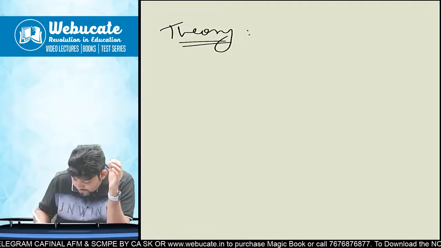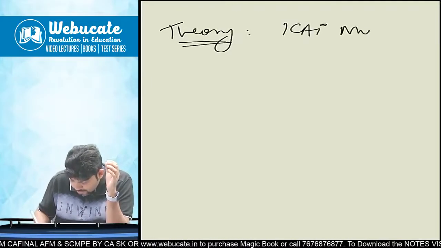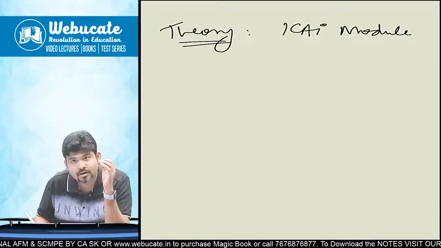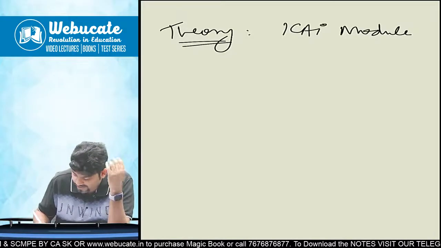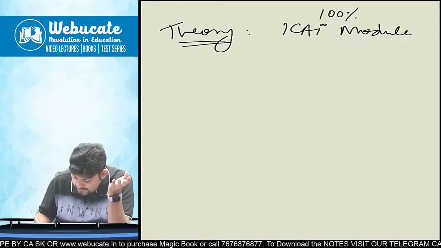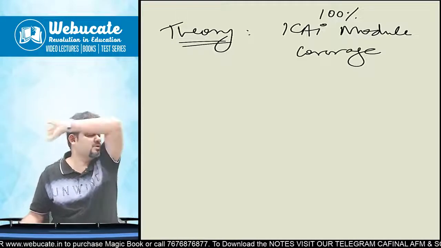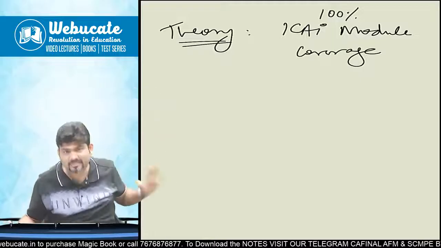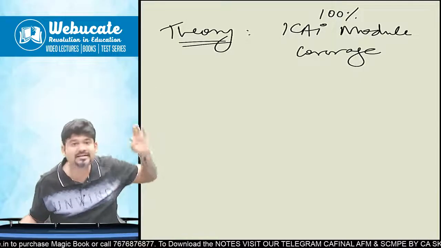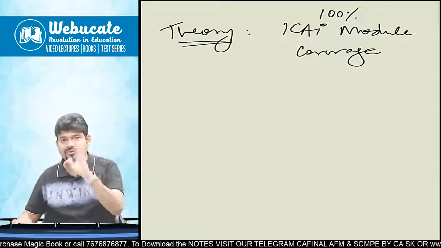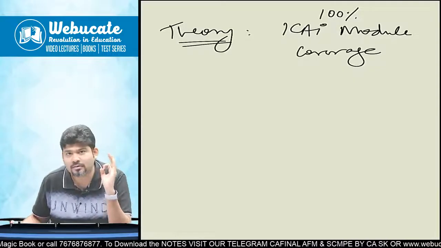This is what you want, because at the end of the day your MCQs and everything will be based on this. So 100% ICAI module coverage. So sir, do we need to purchase the ICAI module? Absolutely no. If you have purchased my book, there is no need to purchase anything else whatsoever. Let me be very clear about this.